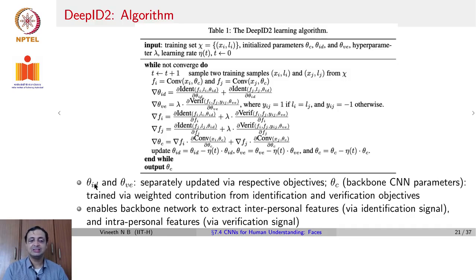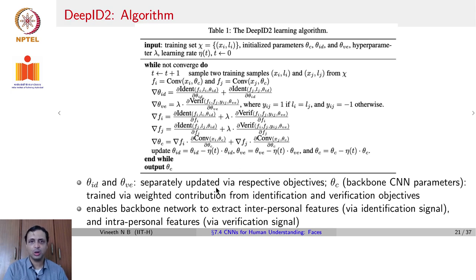So to summarize, θ_ID and θ_verification are separately updated via their respective objectives, but θc, which are the weights of the backbone CNN before you branch out into verification and identification, are trained via a weighted contribution from both identification and verification objectives.